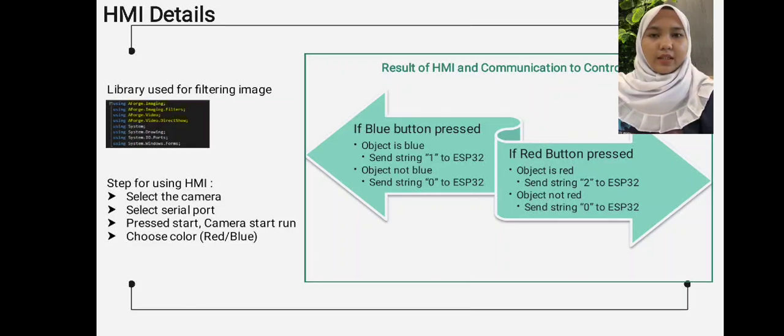If the object is not blue, the HMI sends string 0 to the ESP32. If the red button is pressed and the object is red, the HMI sends string 2 to the ESP32. And if the object is not red, the HMI sends string 0 to the ESP32.